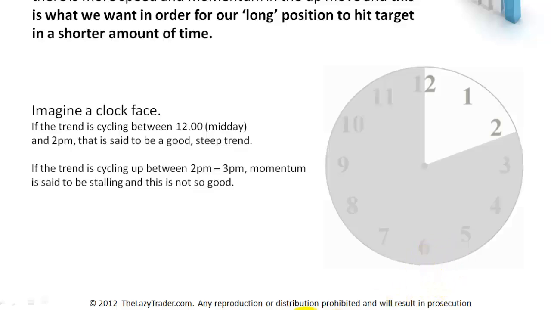If it's facing between 2 and 3, in this instance here, then the speed and momentum is okay, but it's not quite as good. There's less speed and momentum, which means that we might be in a position which might hit target eventually, although you might have to wait a little bit longer than if the price action and the moving average it's respecting are angled towards 12 and 2 on the clock face here in the upward trend.